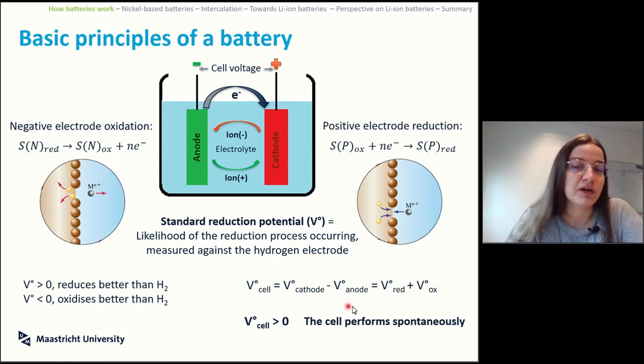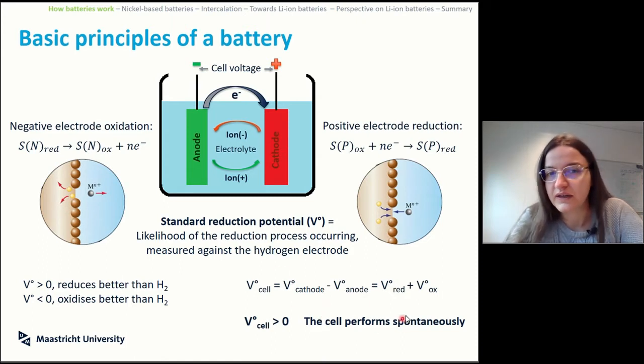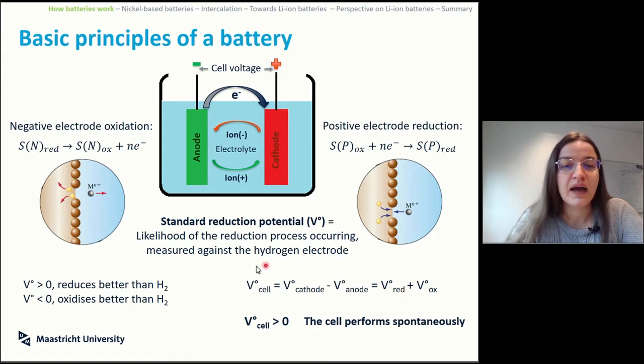So you need to subtract the potential of the anode from the potential of the cathode, which is equivalent to saying that you want to sum oxidation and reduction potentials. And this as a whole will be the overall potential of your cell against standard conditions.